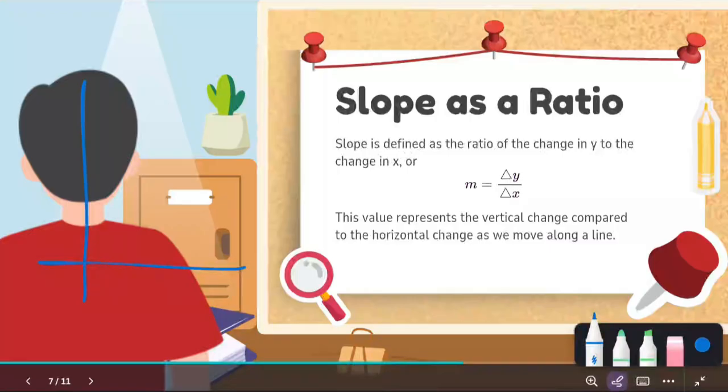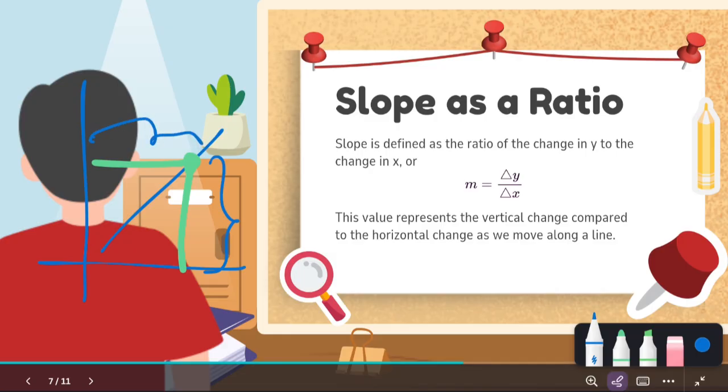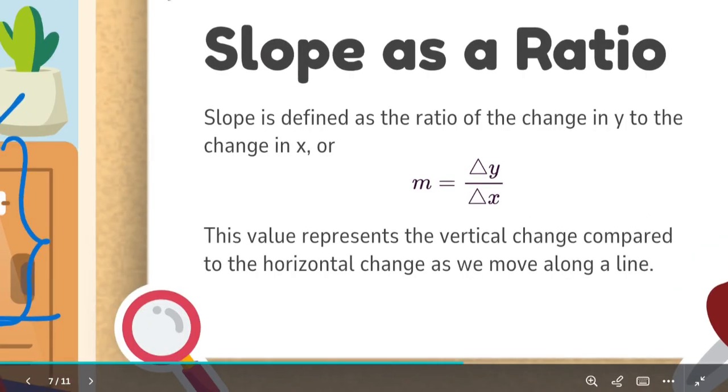In this graphic, okay, slope is defined as the ratio of the change in y to the change in x, or we can write m equals delta y divided by delta x.